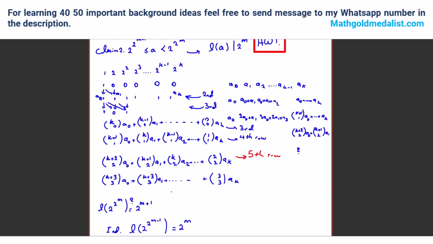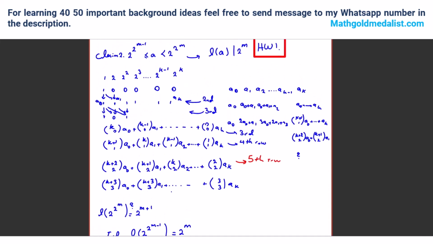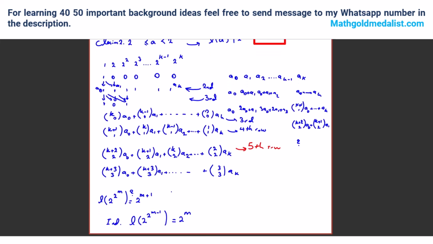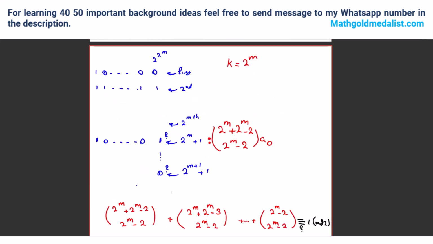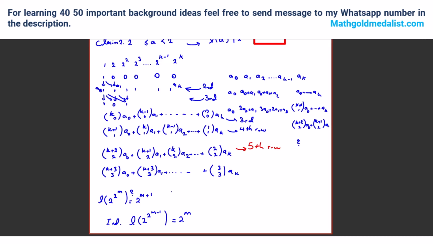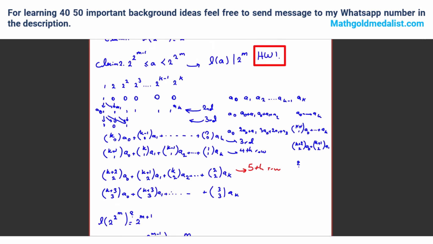For example, for 2 to the k, it will be in the mth row. We try this for 2 to the k, then 2 to the m. This is for the fifth row, right? And do you agree we can say a1 to ak are 1, right?